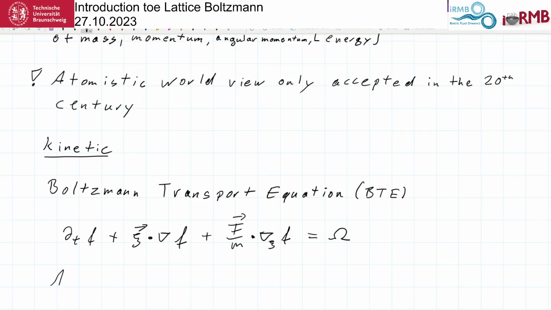We only take a statistic, a probability for a particle being there or not. And we do not care which particle this is. So now comes an important distinction from an information point of view, namely that the particles are indistinguishable.